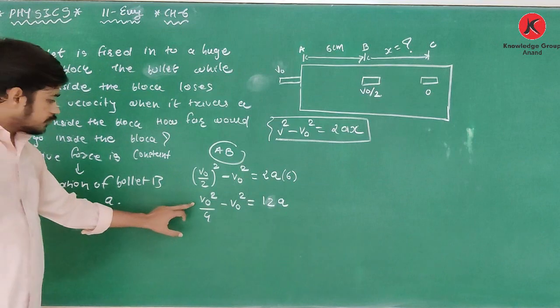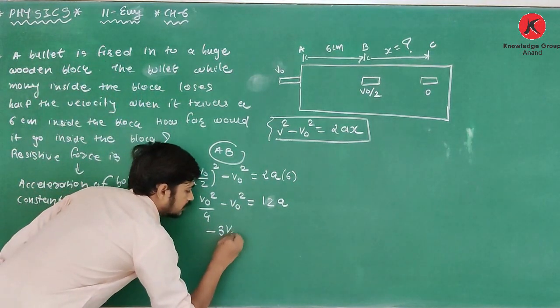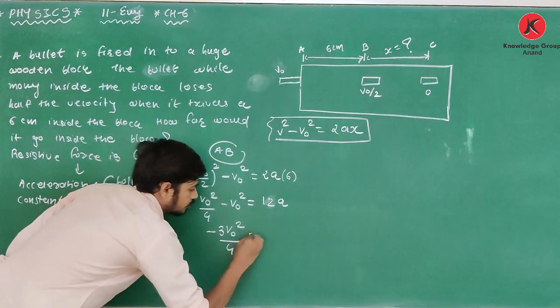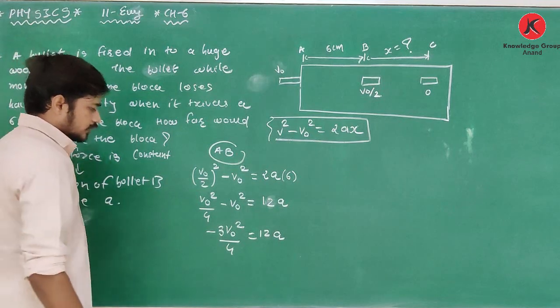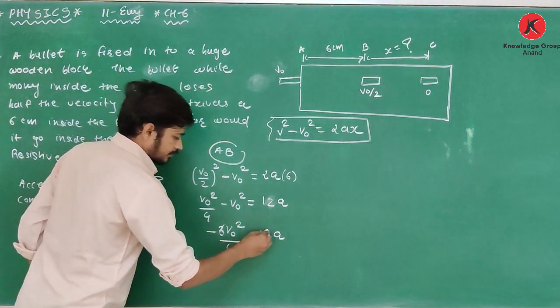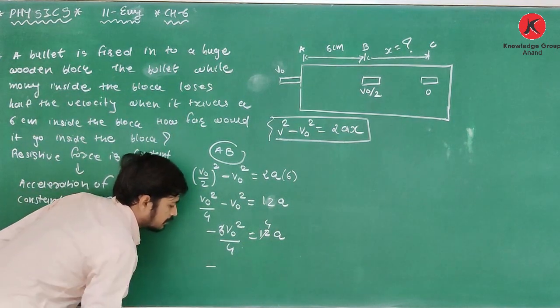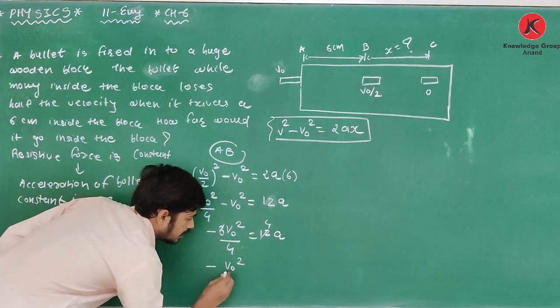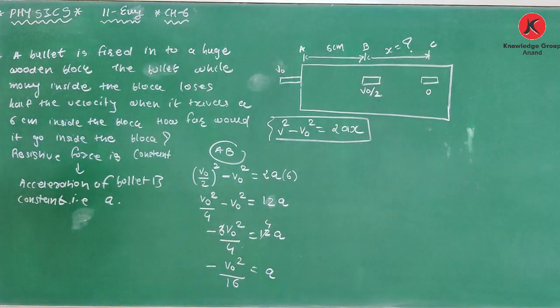Now v0 square by 4 minus v0 square means it is minus 3v0 square by 4 is equal to 12 A. Now this 3 into 4, if you bring this side, here it is minus v0 square upon 16 is equal to A. So A is equal to minus v0 square by 16.